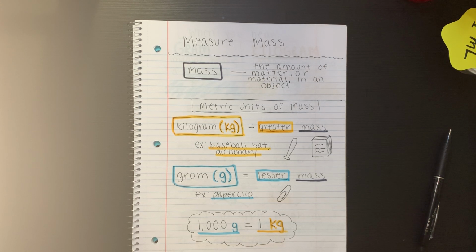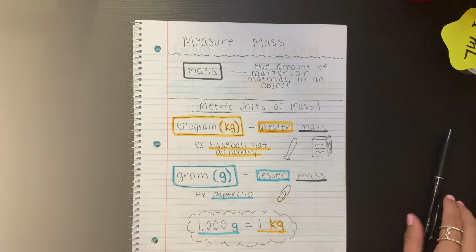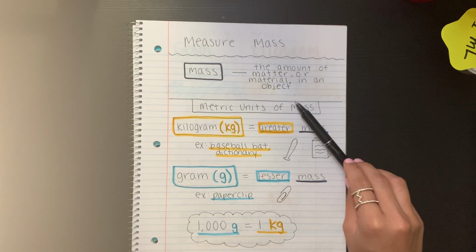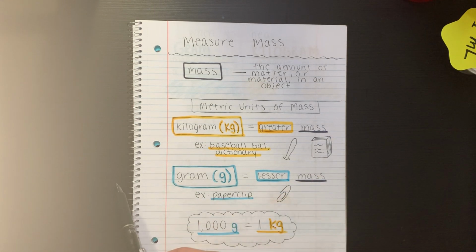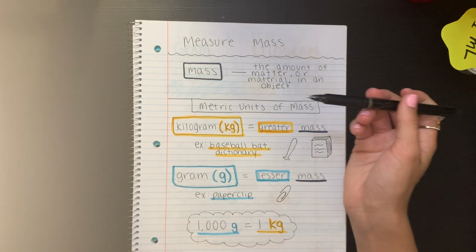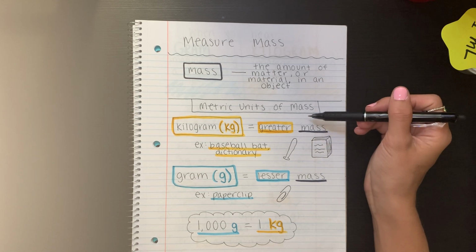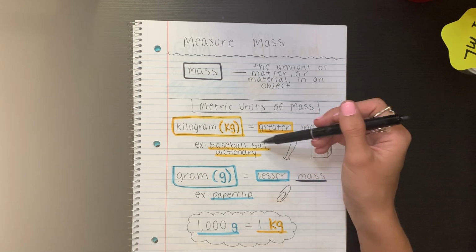So when we're talking about mass, we have two different metric units, and these metric units refer to mass. Our metric units before, on the previous page, were referring to capacity. For right now, we have two units that we would use.